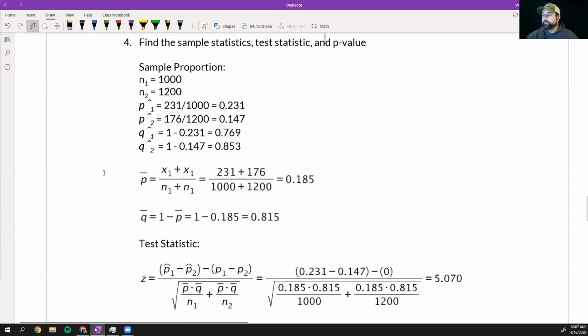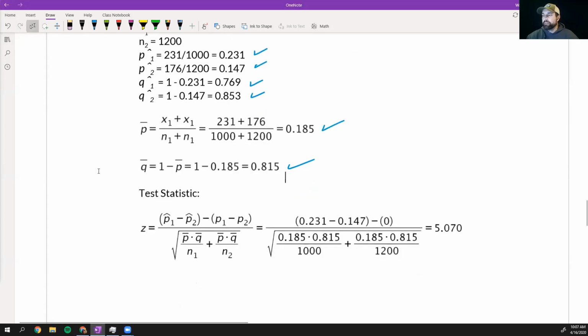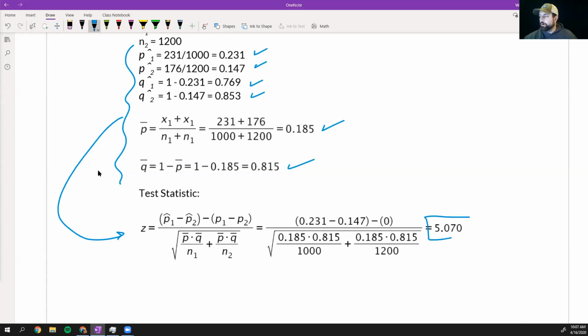So here's our data. Here's our p-hats for both male and female. Here's our q-hats, just the complement of each one. This is our calculation for p-bar and our calculation for q-bar. You take all this and throw it into the z-blender, and out pops a z-score.